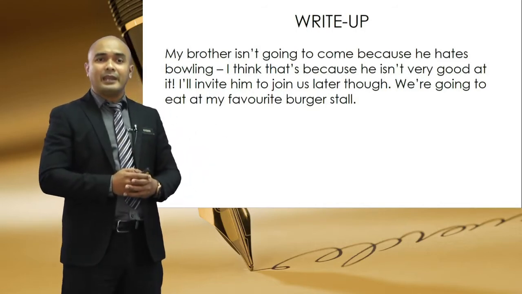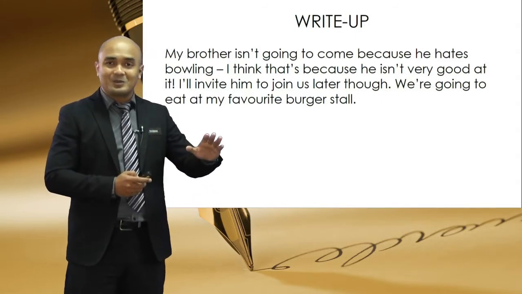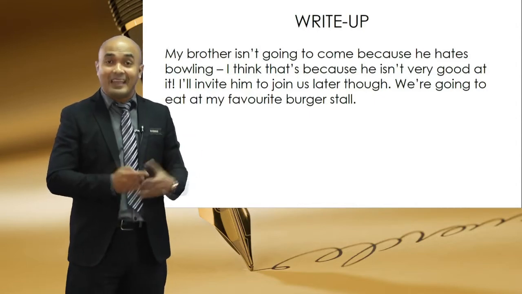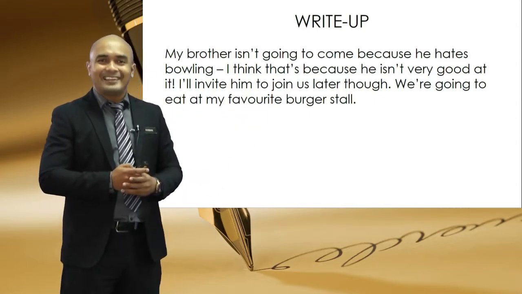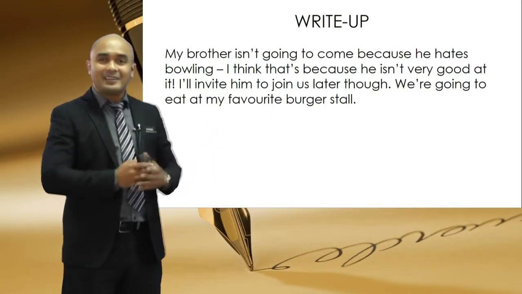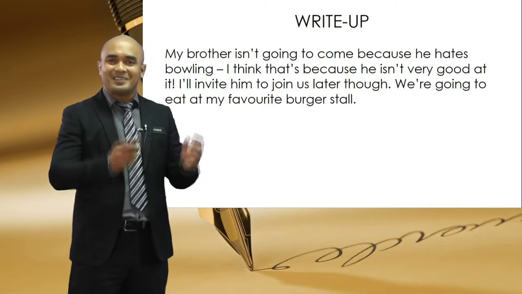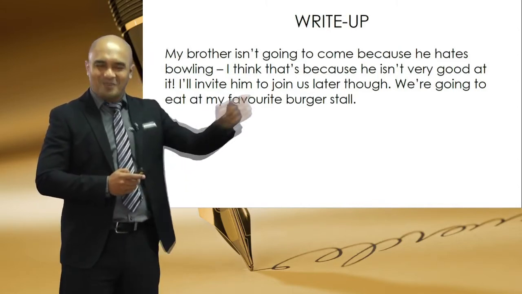We are going to eat at my favorite burger stall. After they go bowling, they will go to his favorite burger stall. That is the plan. Just now at the bowling, they didn't invite the brother. Later on at the burger stall, the brother will join because he hates bowling.